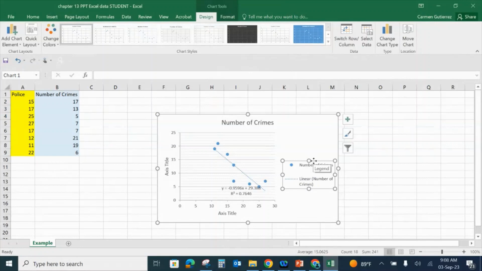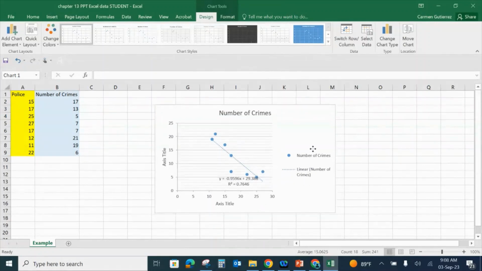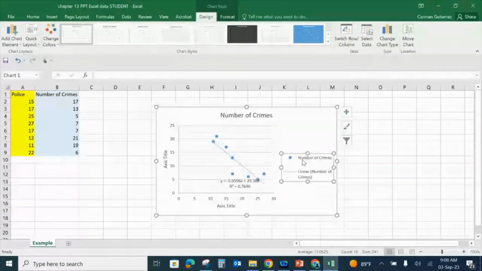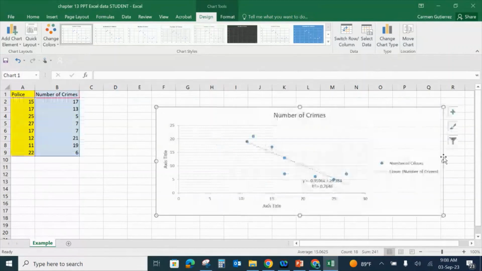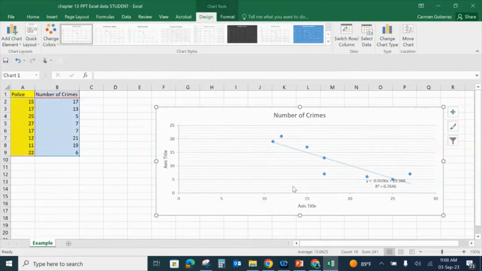If you want to keep your legends, which show what each of the data points means, the number of crimes, and the dots mean a linear regression, you can make this a bigger graph, or you can click here and delete the legends to give you more room. However you want to do it is up to you. The important thing from the fx is that we get the equation of the line and we get to see the dots going down.